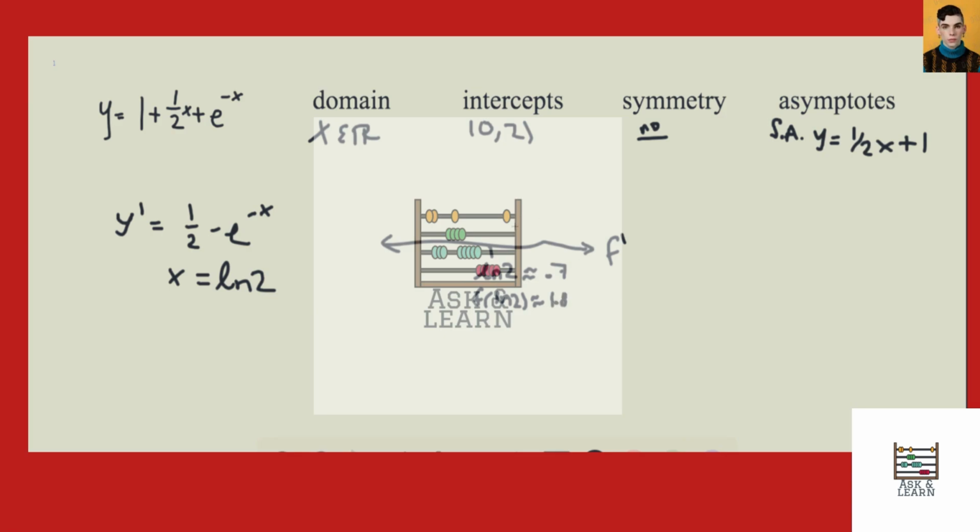Alright, so if we look at anything below ln of 2, it's going to be decreasing, and anything above, it's going to be increasing. Okay, so that's the first derivative test.